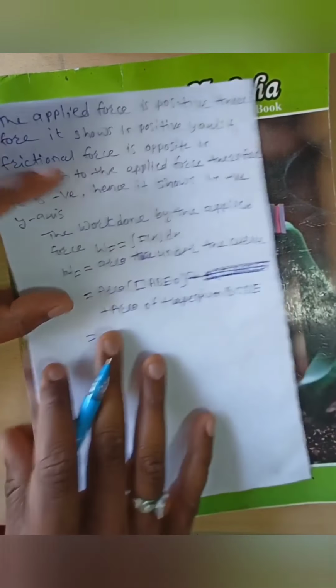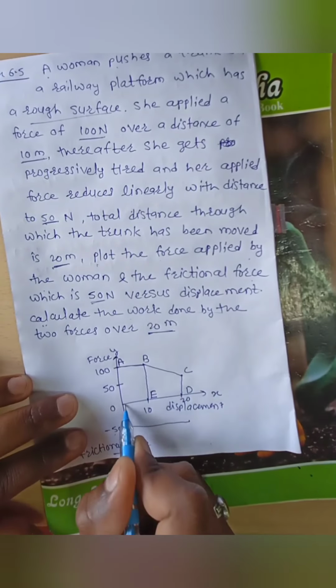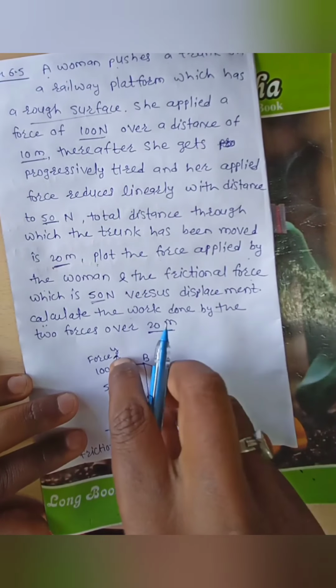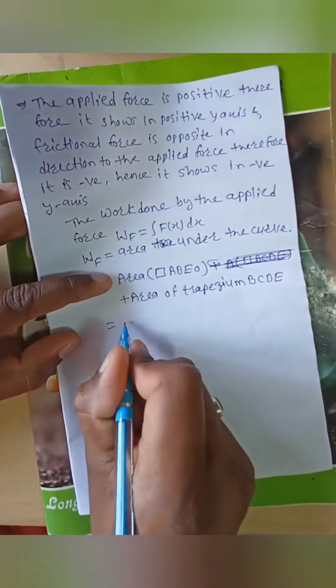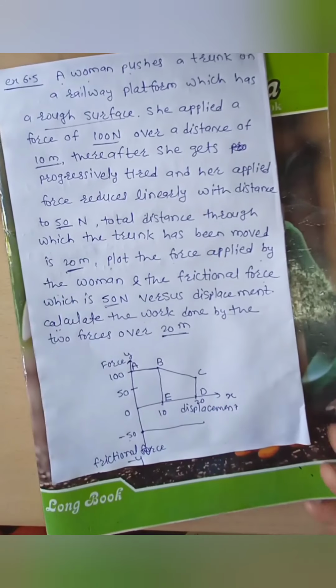The area of a rectangle is length into breadth. The length is 10 and the breadth is 100, so 10 into 100, plus the area of a trapezium.